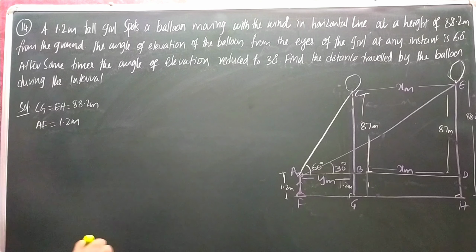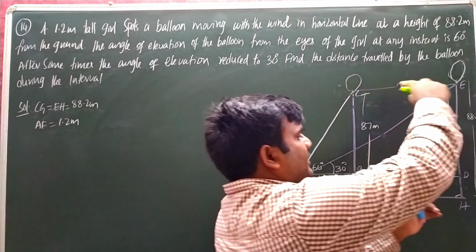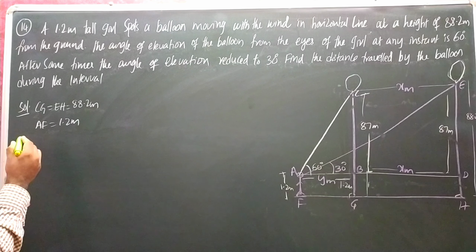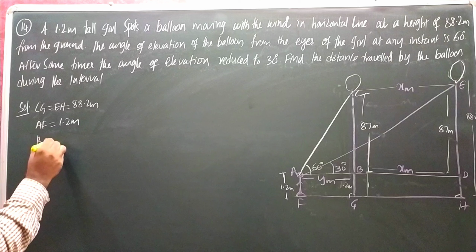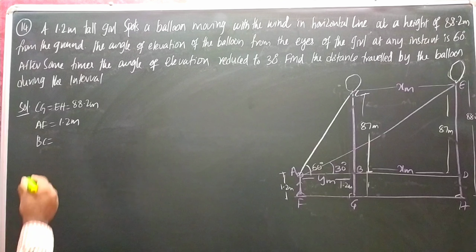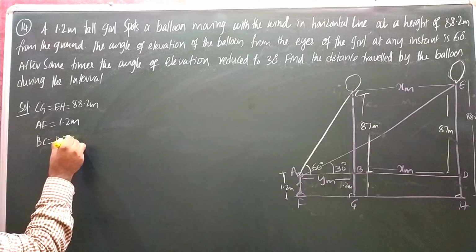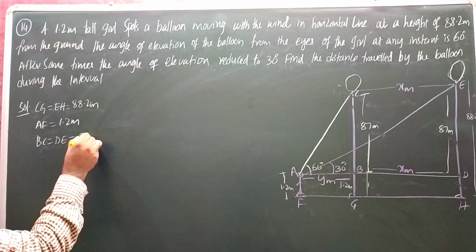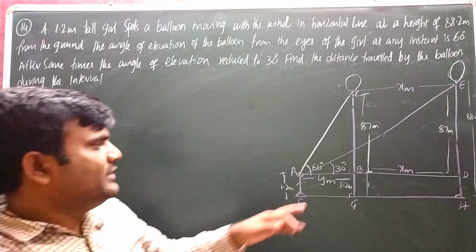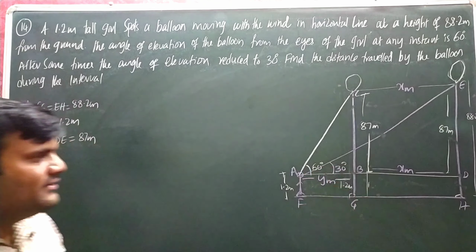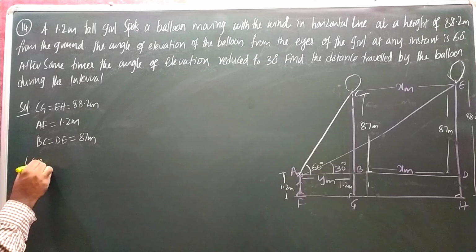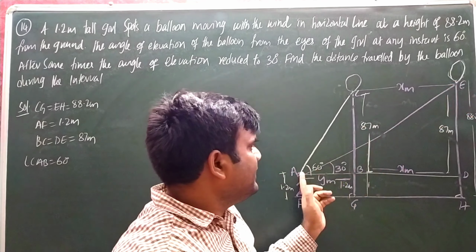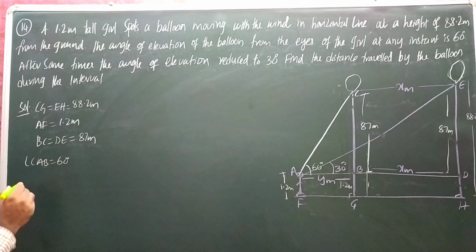The length of BC and the length of DE are both equal: BC equals DE equals 88.2 minus 1.2, that is 87 meters. Next, angle CAB is 60 degrees, and angle EAD is 30 degrees.